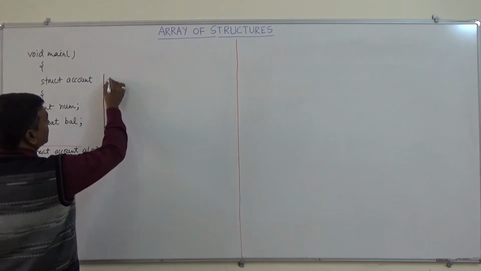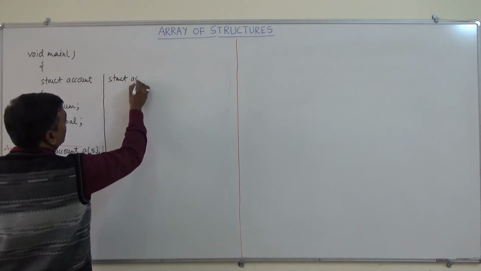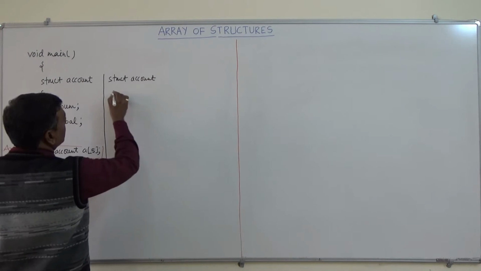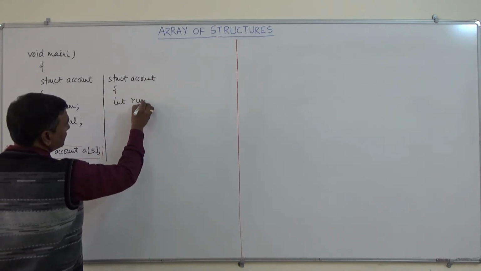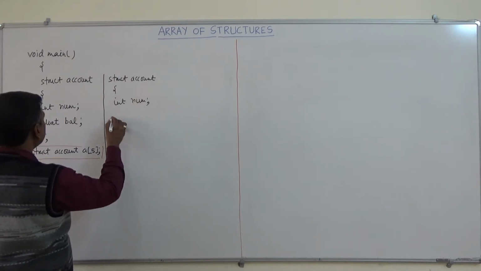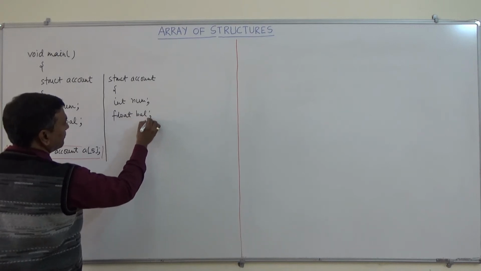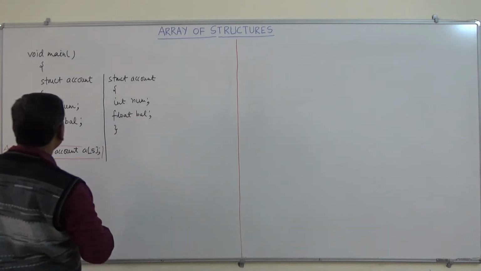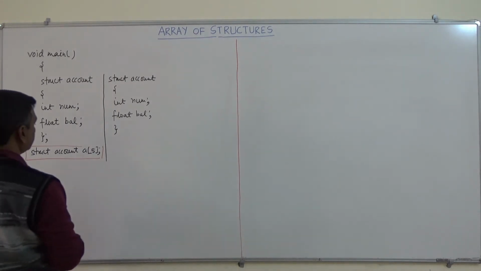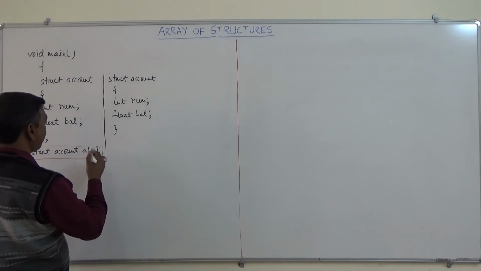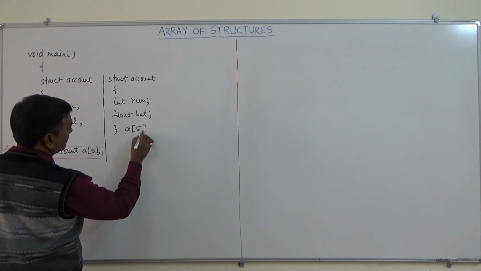This is the second way: struct account, then int num, this is the account number, and then float balance, and then we can use directly the name of the array.